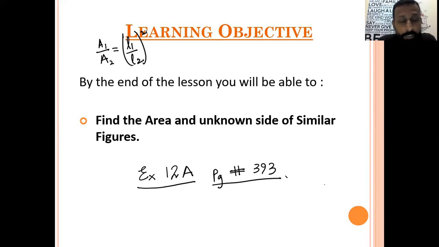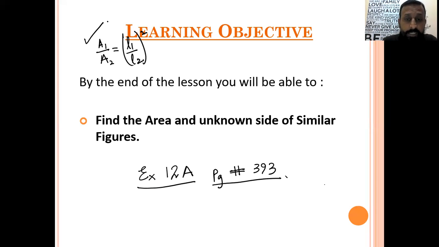How are we going to read it? The ratio of areas is equal to the square of the ratio of their corresponding lengths, that is L1 and L2 whole square. So this is the formula which you will be using in the entire exercise.